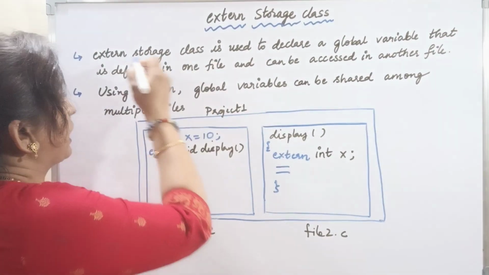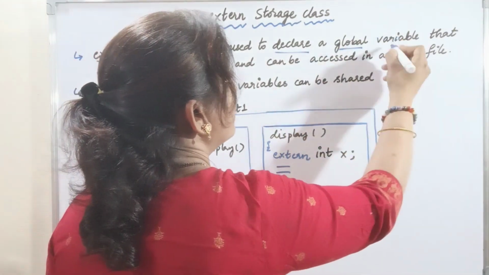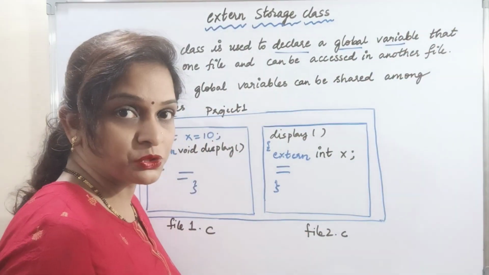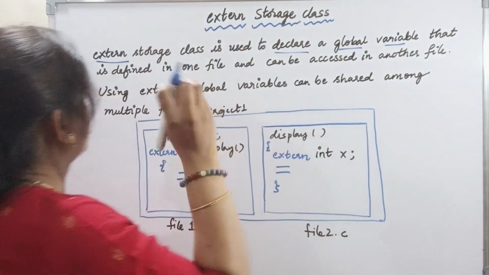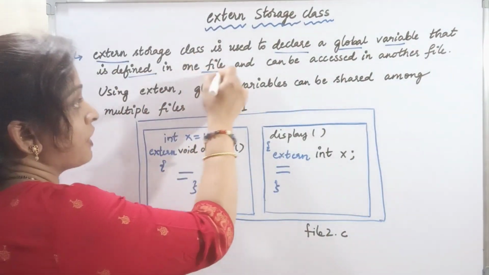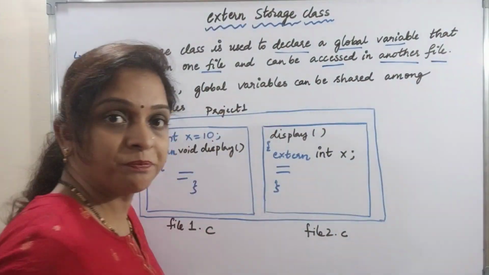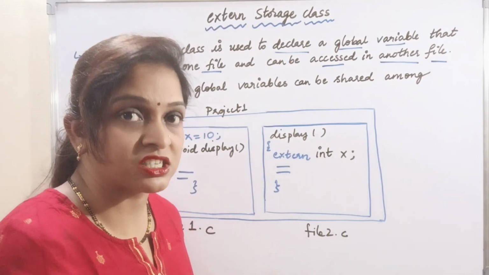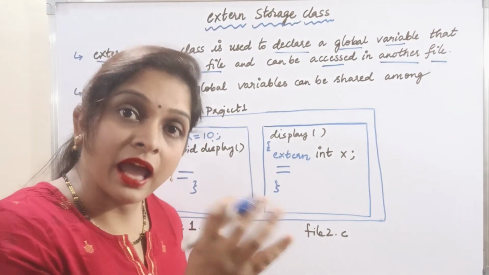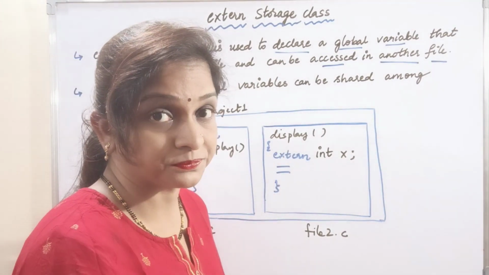The extern storage class is used to declare a global variable. This point you have to remember: it is defined in one file and can be accessed in another file. So we declare a global variable with the help of extern in one file and access that global variable in another file.